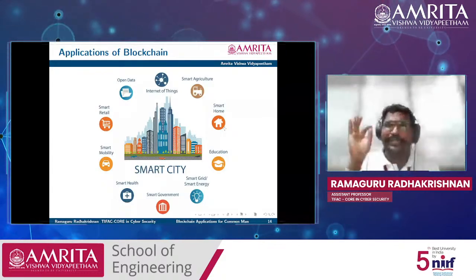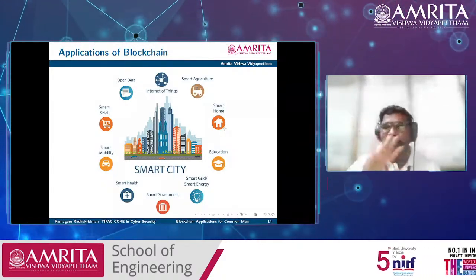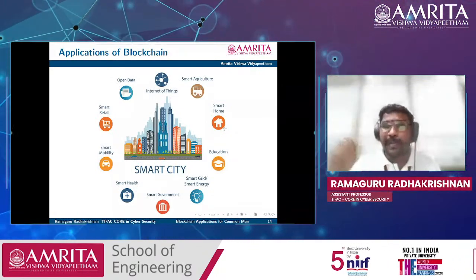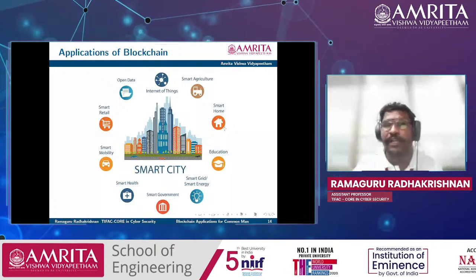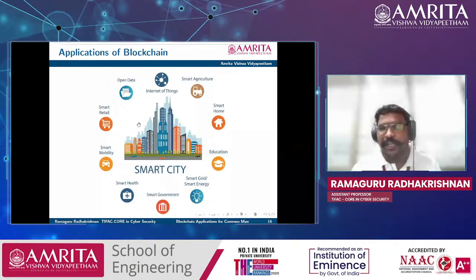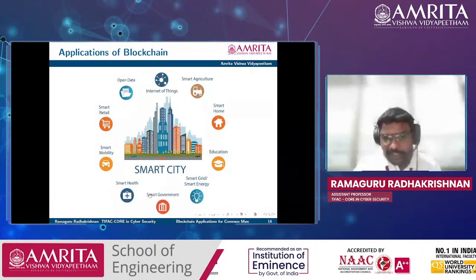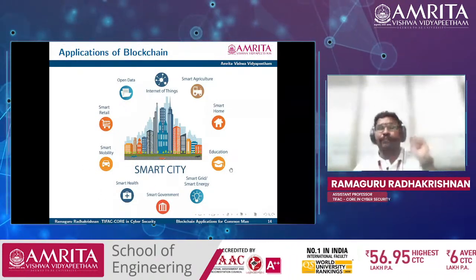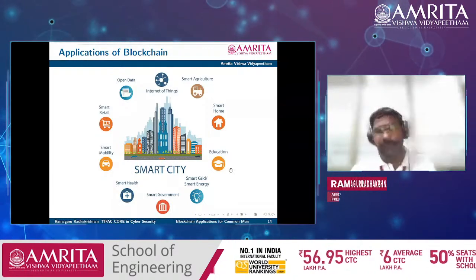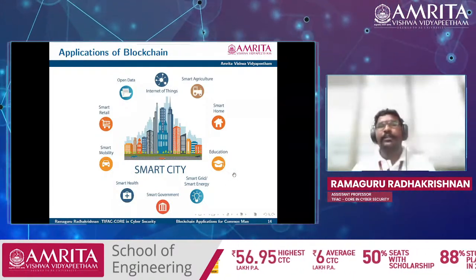So something that has happened is recorded, you cannot delete it from the history. So that brings in the accountability feature, which is very, very important in applications like smart city or very specific ones like smart health or mobility. So that immutability will bring in a lot of accountability.